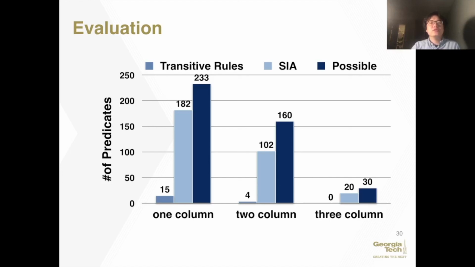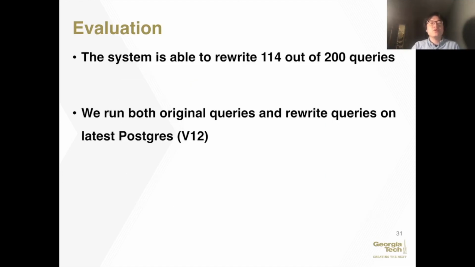And it's even more significant when the predicate contains more columns. For example, SIA is able to generate 102 predicates out of 116 possible predicates for 2 columns.